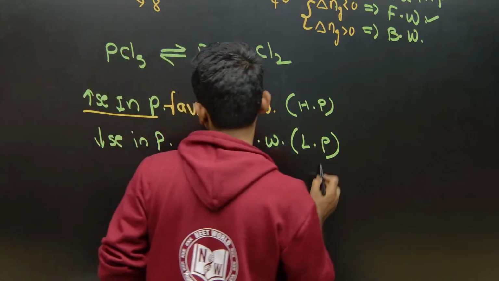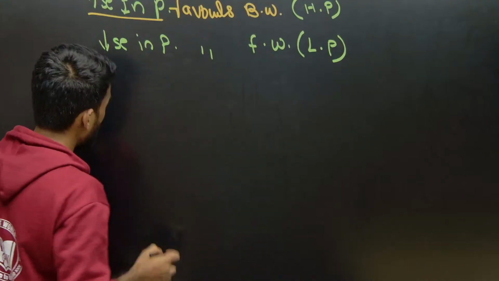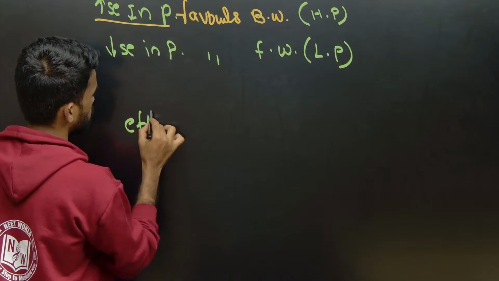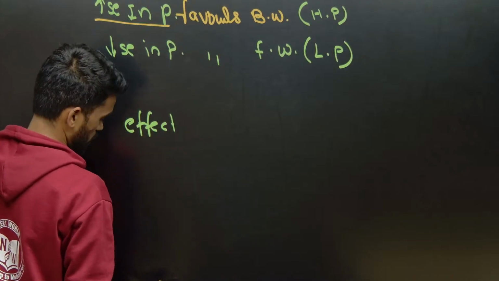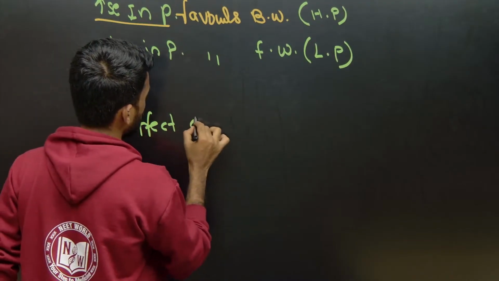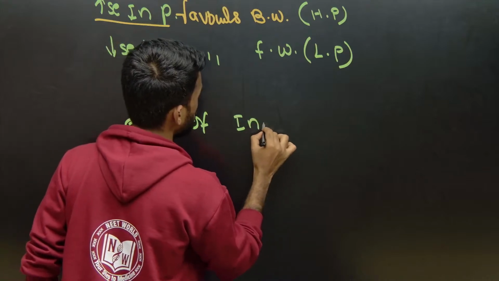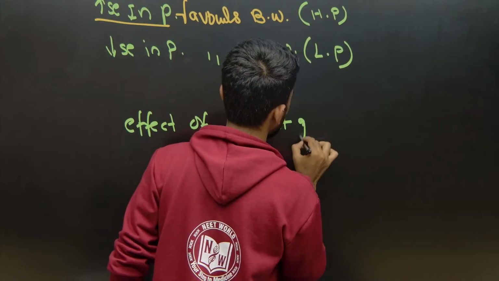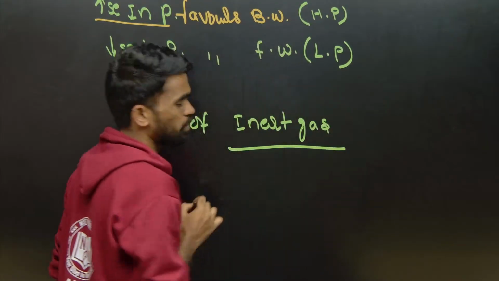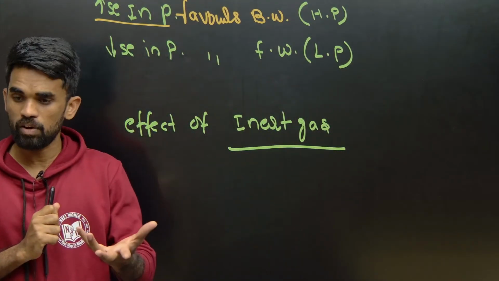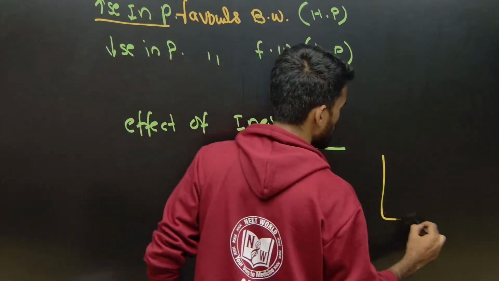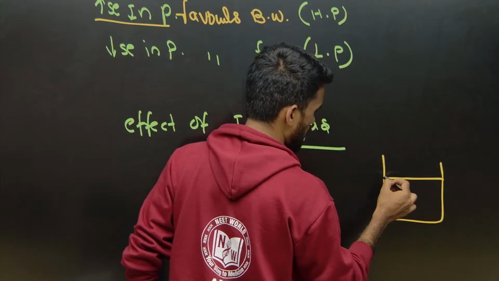Next we have the effect of inert gas. By addition of inert gas, what happens? The volume of the container increases. For example, initially a closed container has an equilibrium reaction.